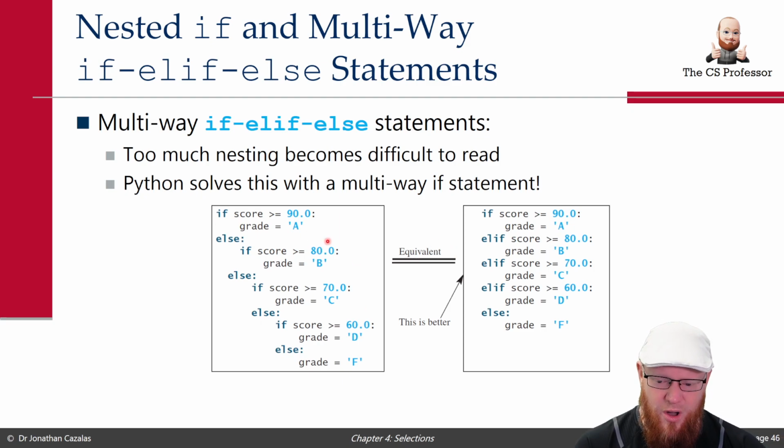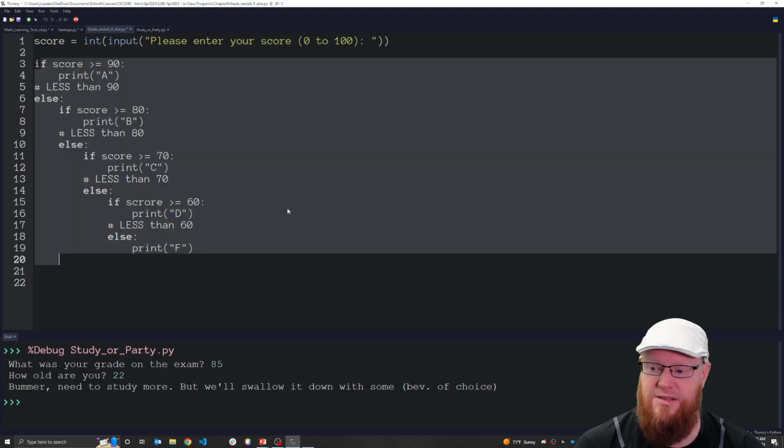Instead of doing all of this nested, cumbersome, pardon me, but I'll call that trash, we can just use this elif, where we're saying if the score is greater or equal to 90, you got an A. Elif, which really stands for else if, the score is greater or equal to 80, you got a B. Else if the score is greater or equal to 70, you got a C.